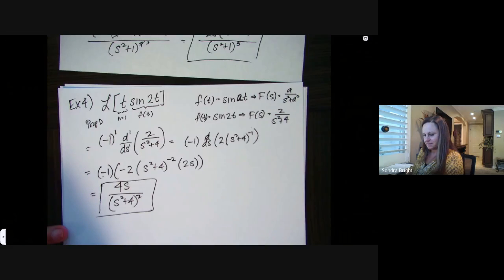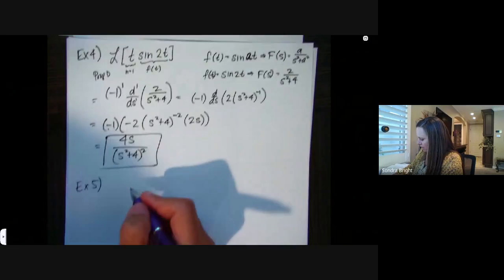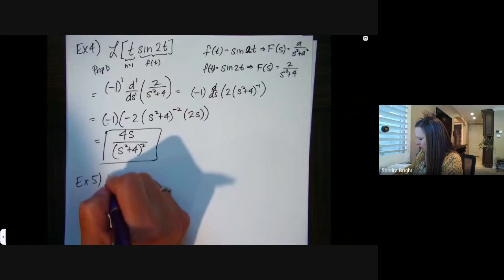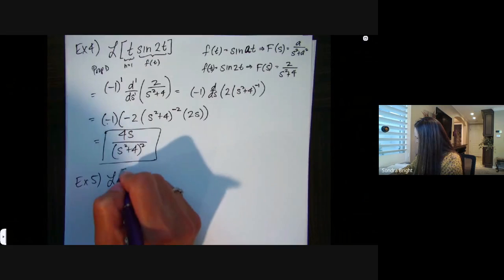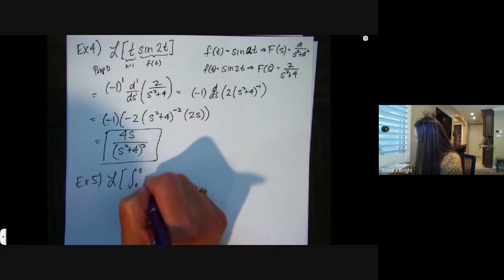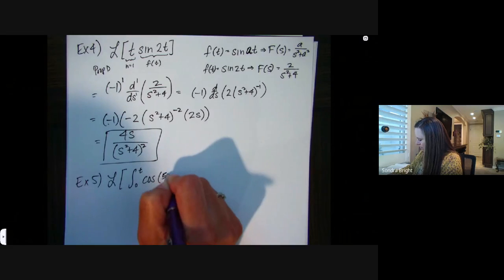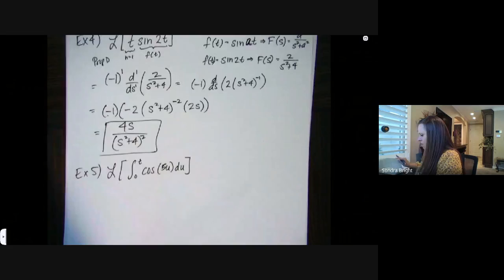All right, we're going to do one on an integral. Let's find the Laplace transform of the integral from 0 to t of cosine of 5u du. The cosine of 5u is f of u.